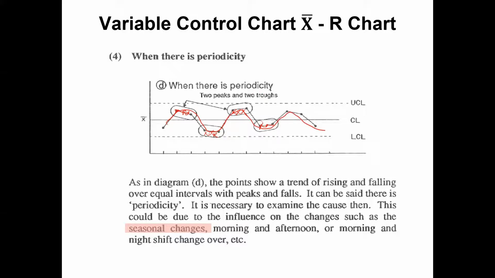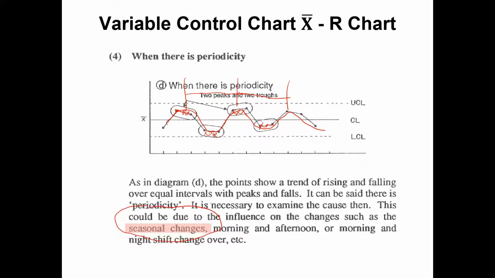The special thing about this cycle is that the interval between the peaks is quite consistent. If this is the case, Shewhart also suggested that this is an indication of abnormality, and this most likely is caused by seasonal change.